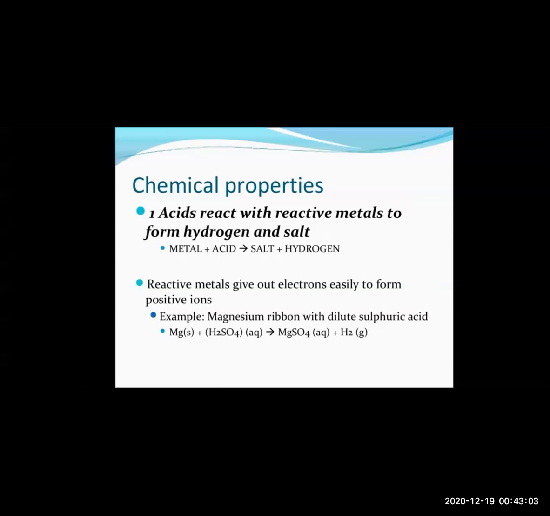When magnesium ribbon is reacted with dilute sulfuric acid, we get magnesium sulfate plus hydrogen gas liberated. So this example proves that when acid reacts with metal, hydrogen ion is not given out; hydrogen gas is given out and salt is produced.